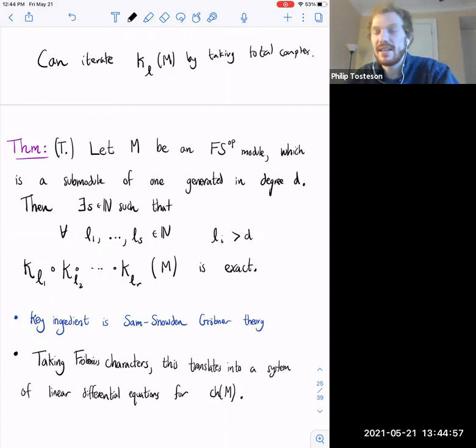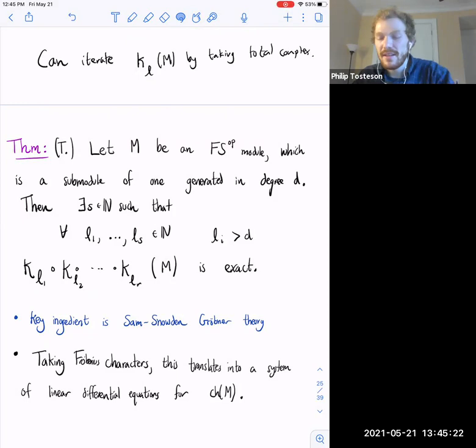As I've defined it, K_L takes as input an FS^op module and it outputs a chain complex. But you can also input a chain complex to K_L, and you'll get out a bicomplex, and then you just take the total complex. So it makes sense to form this iteration, and you can ask whether it's exact, or you can try and prove that it's exact.